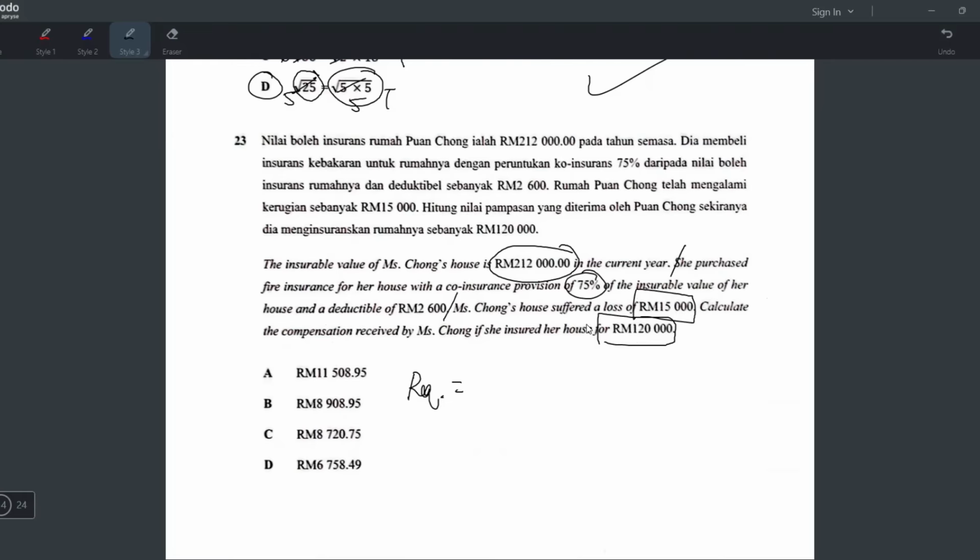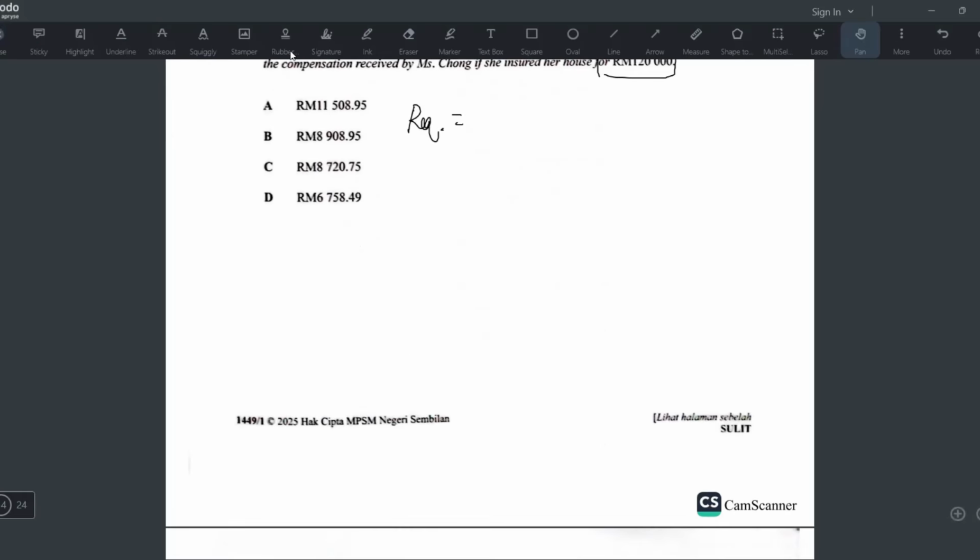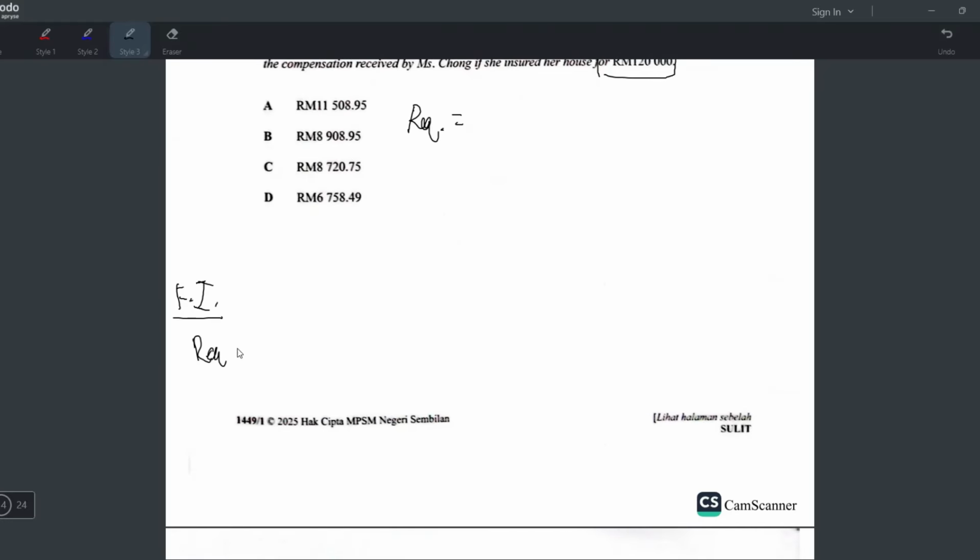So let me talk about fire insurance. When you do fire insurance, you have to be aware of the formula, and also you have to be aware of the 3 cases. So to find required, I'm just gonna mention it very quickly. Required, you have to take the insurable value times with the co-insurance percentage.